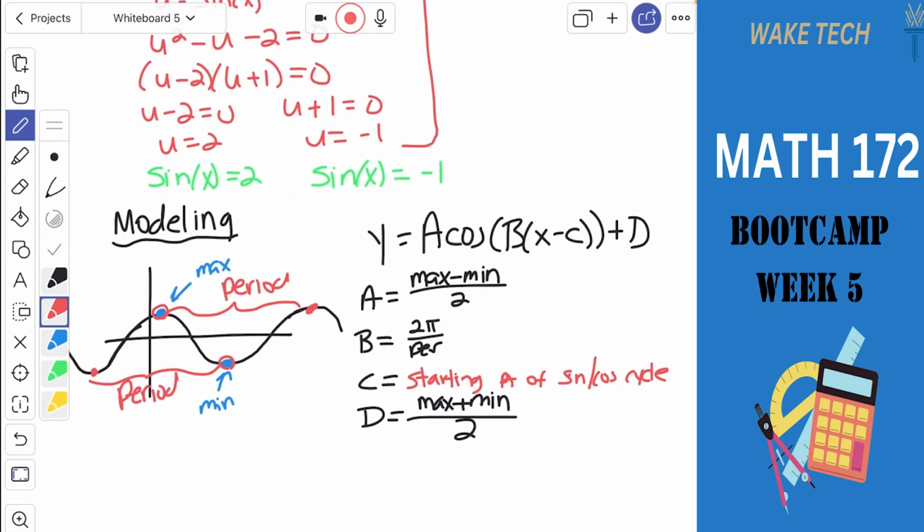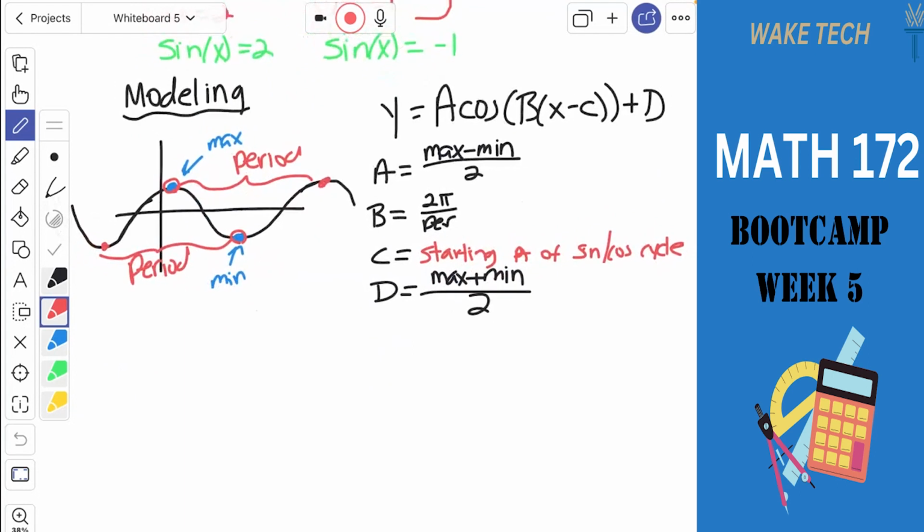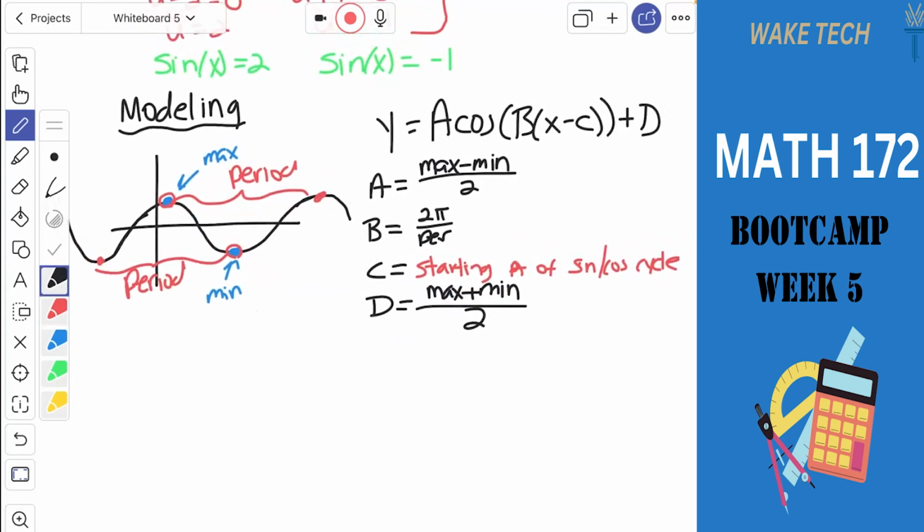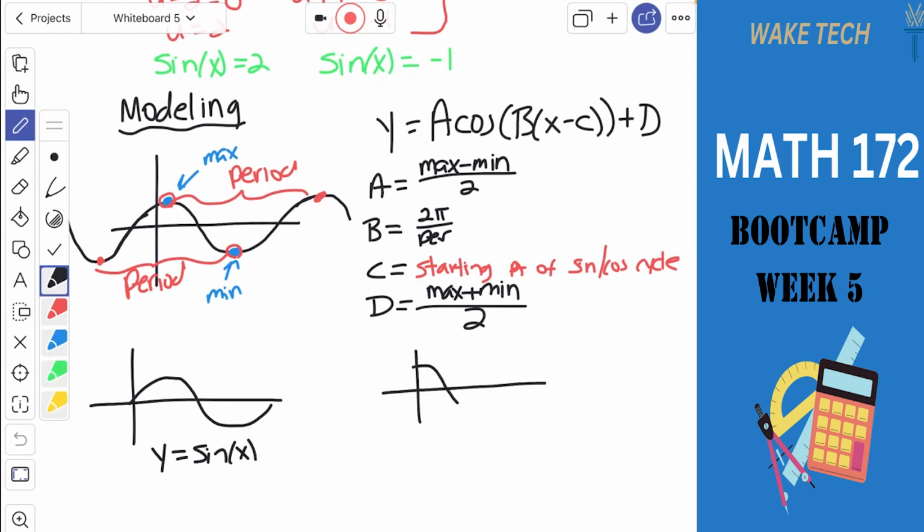To get the C value, the starting point of a sine or cosine cycle, you would need to consider the generic sine and cosine graphs. Generically, one cycle of y equals sine x looks like this, and one cycle of y equals cosine x looks like this.